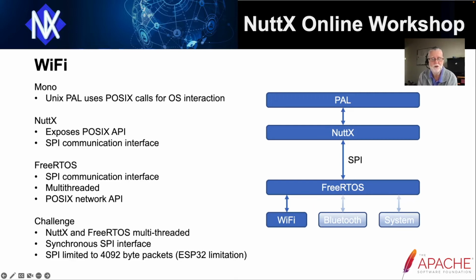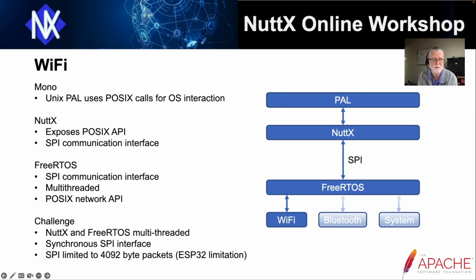So we need to find a way of making sure that when a request is made from, say, a multitasking .NET application, the correct response goes back to the correct task. And this is complicated by the fact that we have a single SPI bus that's connecting the two chips together. So this means we have a multi-threaded system hitting a single SPI interface, and we can only have one set of messages going through that interface at any time.